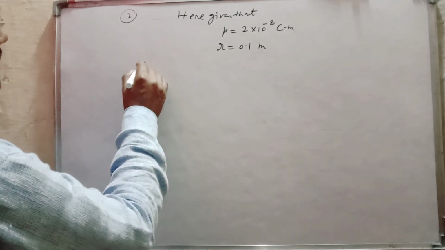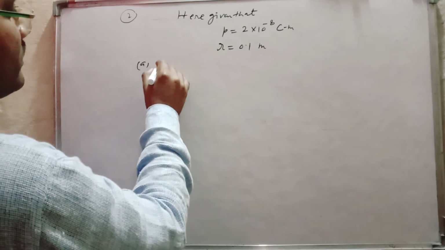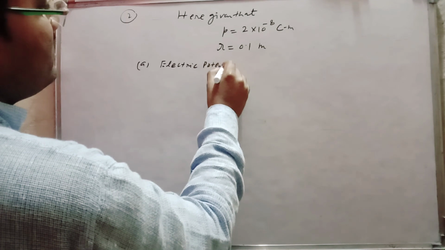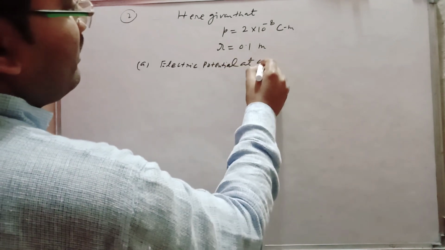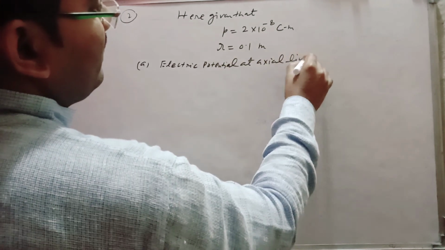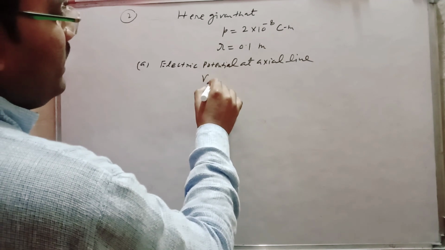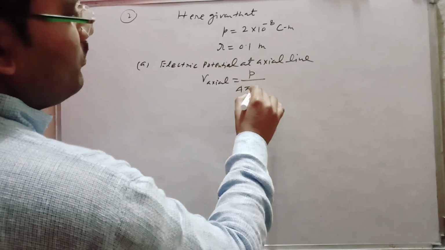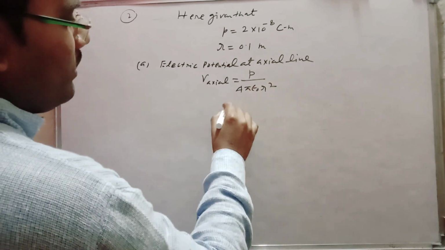So the first part is electric potential at the axial line. V axial is equal to p divided by 4 pi epsilon naught r square.